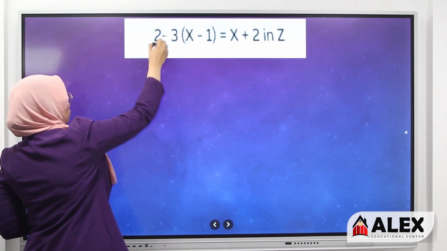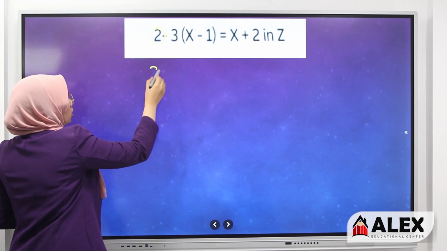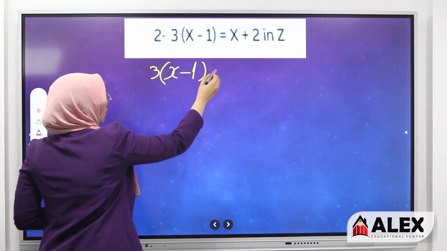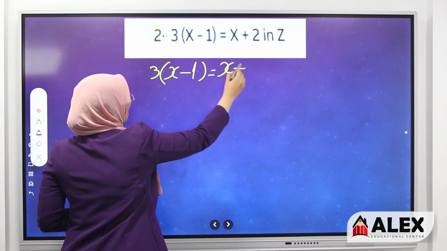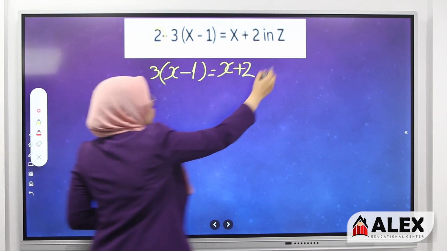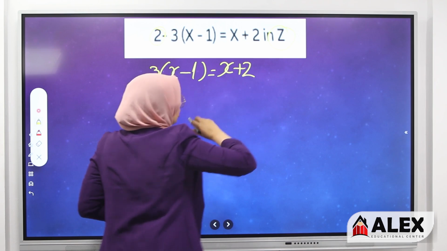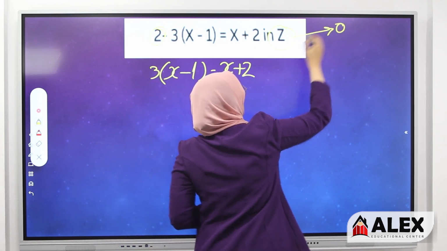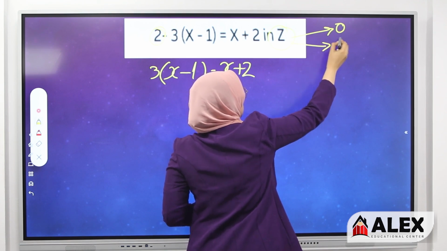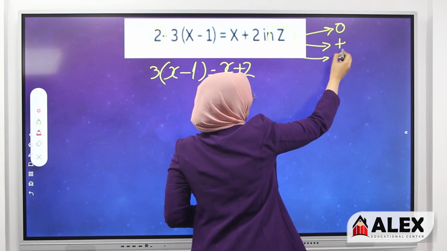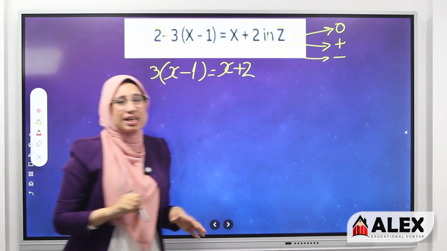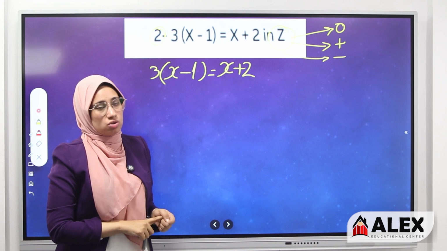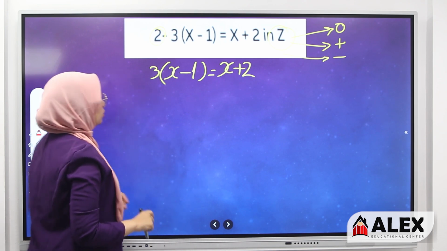Number 2, this equation: 3(x - 1) = x + 2. And this is what? An integer number set. Then the solution can be 0, can be a positive number, can be negative. It can't be a fraction, can't be a decimal, can't be a percentage.